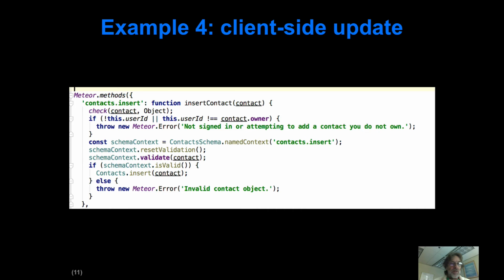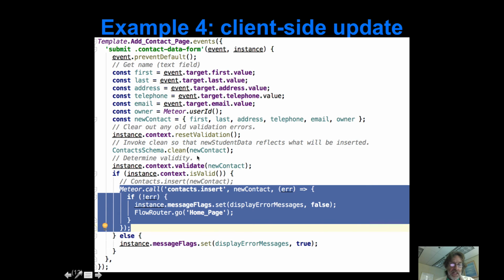So here's an example. On the server side, the developer has defined a Meteor method called contacts.insert, which takes a contact, does some checking, and then, if everything's okay, calls the database operation insert.